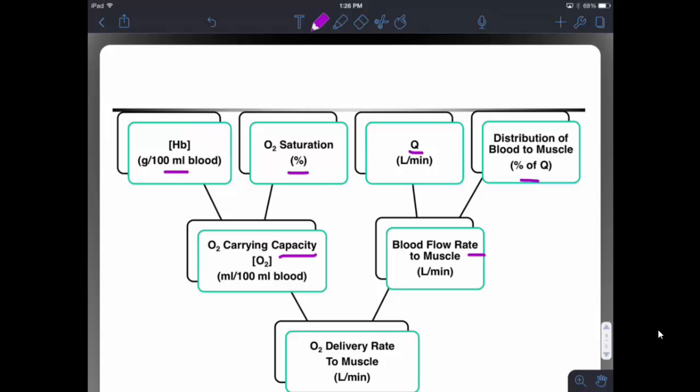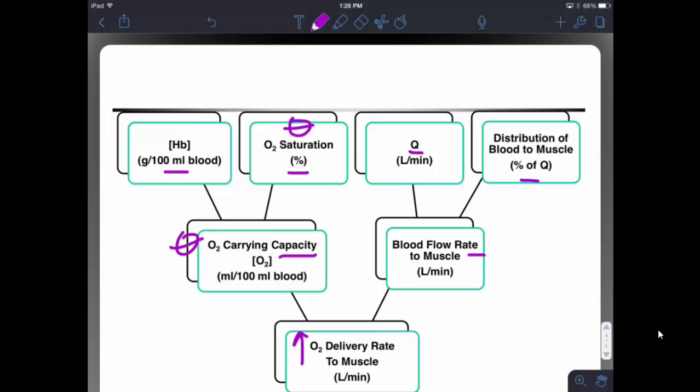Now with training, we do see a greater delivery rate. We generally don't see an increase in the oxygen carrying capacity. Remember that oxygen saturation is already optimal, even before training. It cannot be improved.